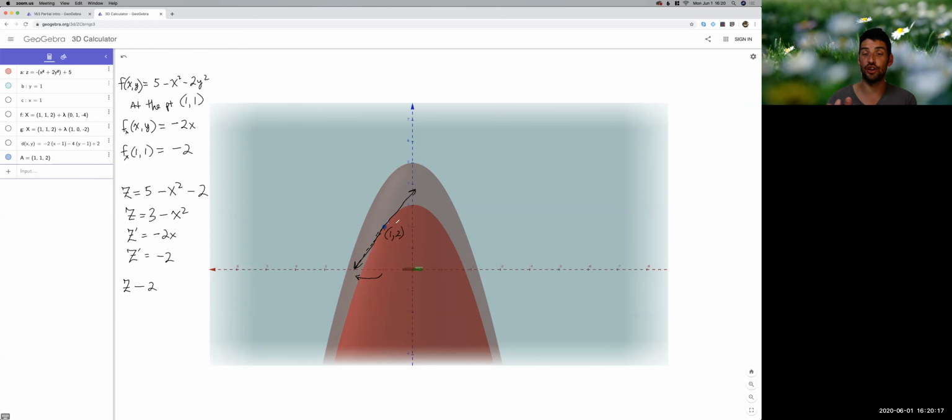I'm thinking of this as just all living in this plane where we only have x and z. Our x input is 1, our z output is 2. So we do our tangent line formula. z minus 2 is equal to the slope times x minus 1. Or z equals -2x plus 4. Okay. Let's graph that line.